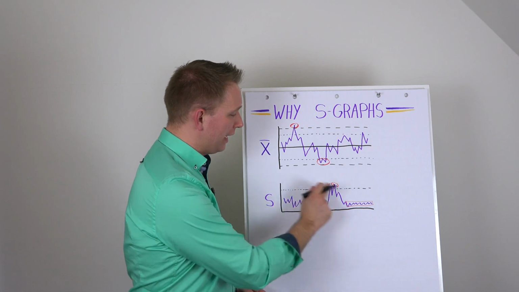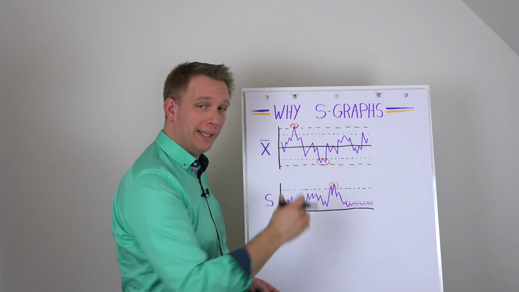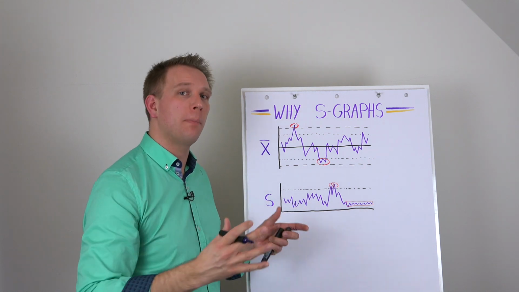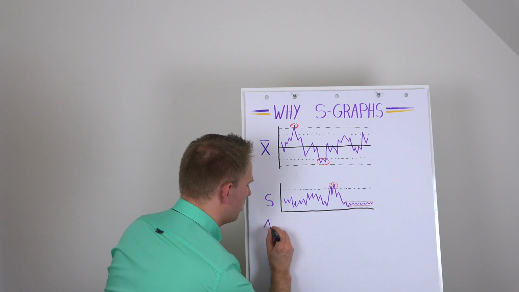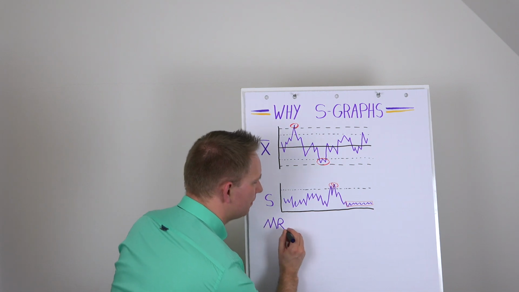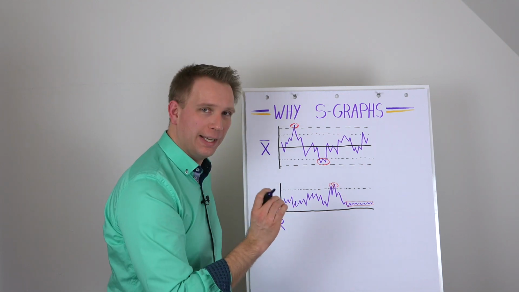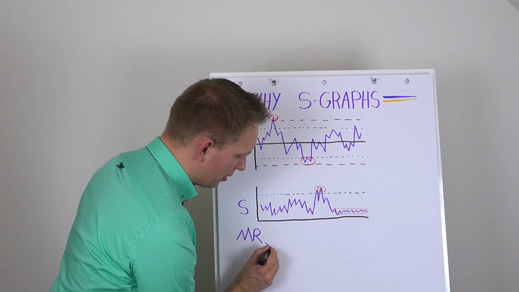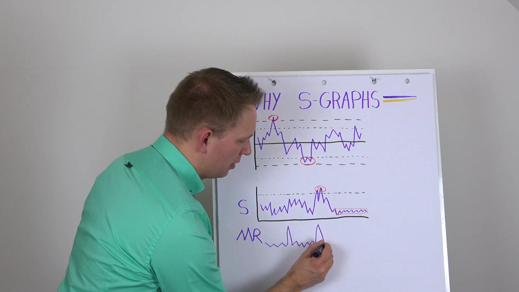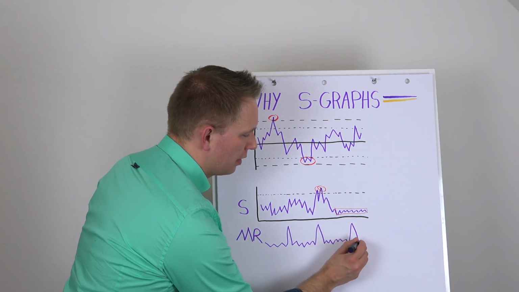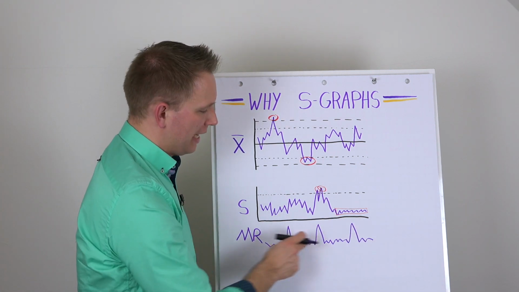So this is for if you have subgroups of samples, so each sample point here is actually made up out of a number of physical samples. If this would be individual and you go to a moving range, then you are also looking specifically for something else happening, which is a sort of periodicity within your samples.